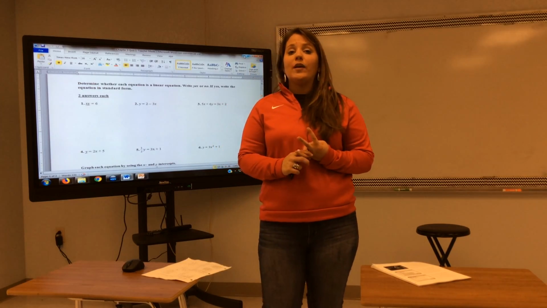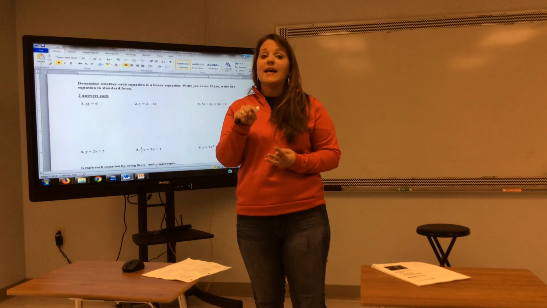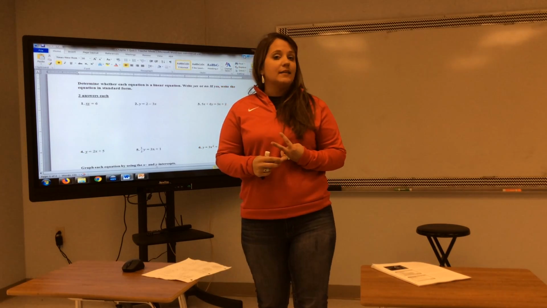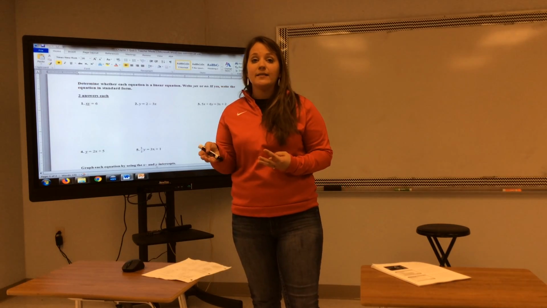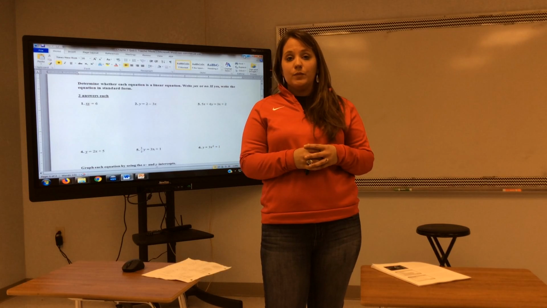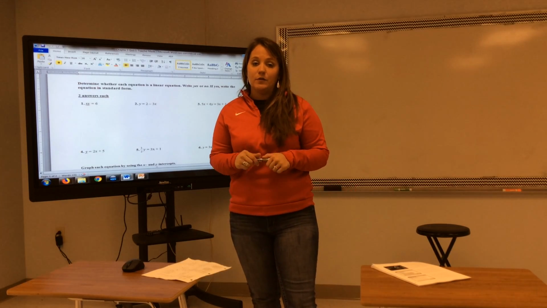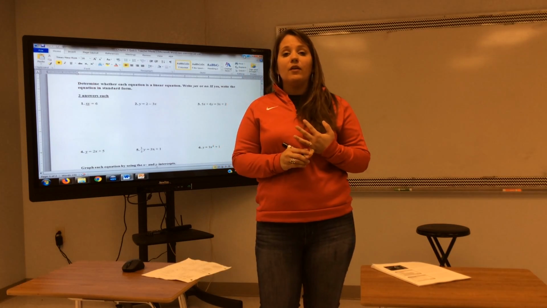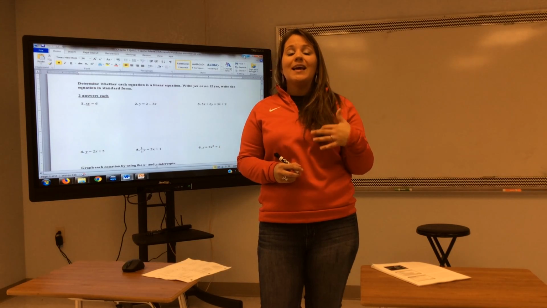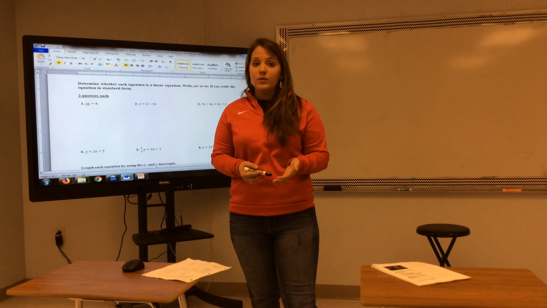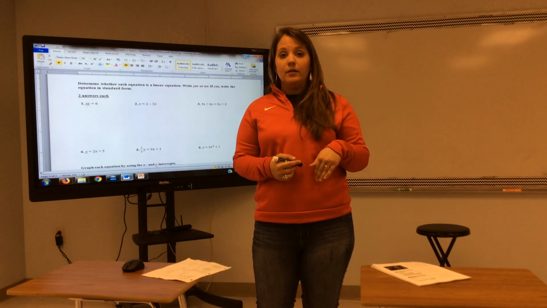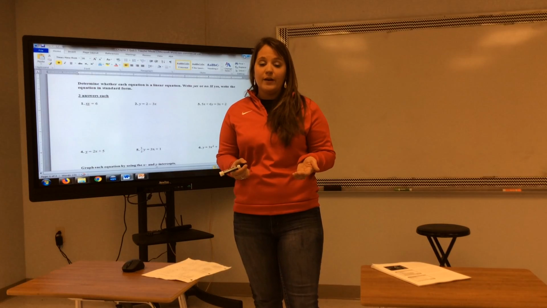Anytime you have two variables multiplied together, like x times y, it is not a linear equation. It's okay for x to be multiplied by a number like 2x, but you cannot have two variables multiplied together like x times y. And then the fourth thing you're looking for is to make sure that there's no variables in the denominator. As long as all of those categories are not met, then you have a linear equation.